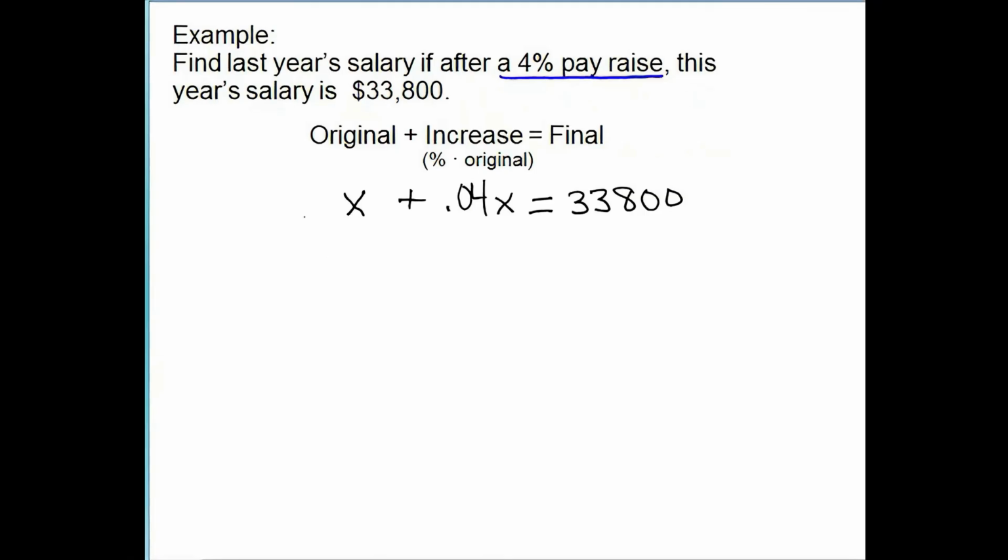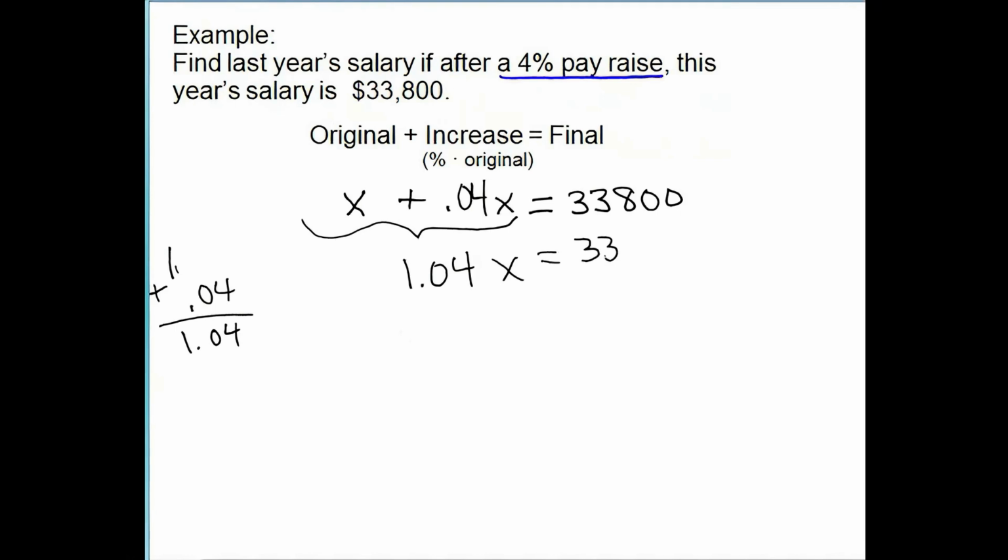Now we have a regular linear equation. We would combine our like terms on the left-hand side. Remember, the coefficient of x is 1 if you don't see a number. So we have 1 plus 0.04, which will give us 1.04. 1.04 times x equals 33,800.